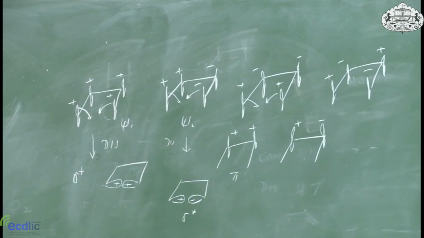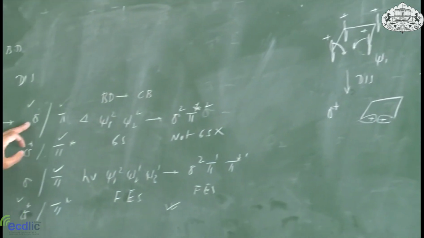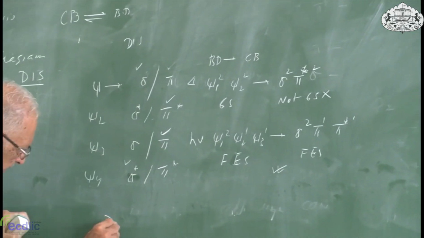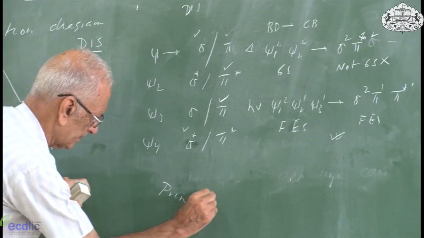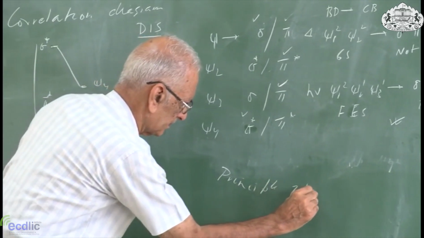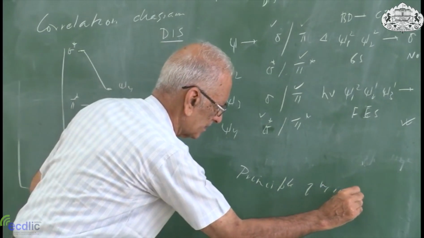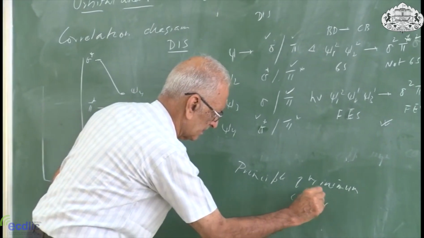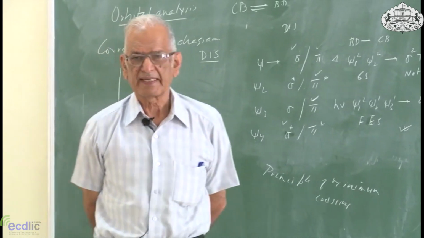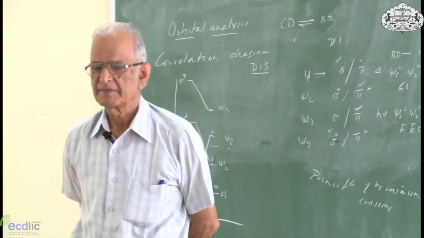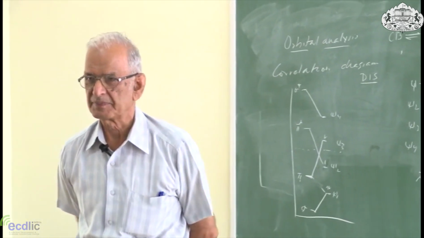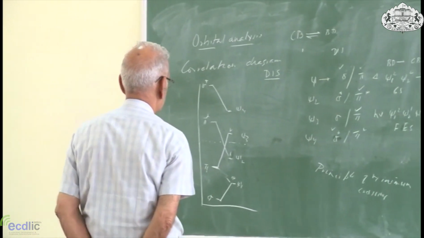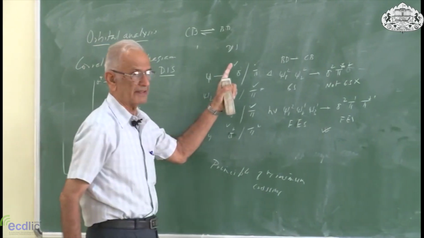So, psi 1 can correlate either with sigma or with pi. Principle of minimum crossing tells me that I should correlate with the lowest energy. Therefore, of the two options, I correlated with sigma.